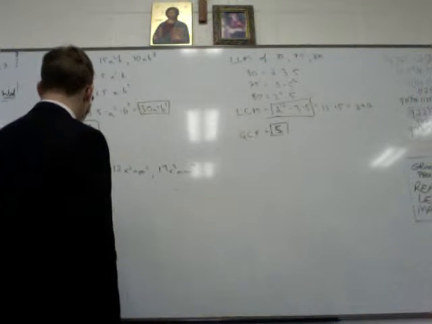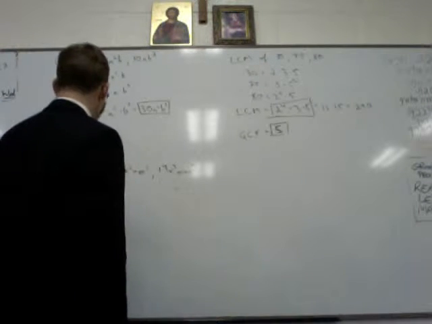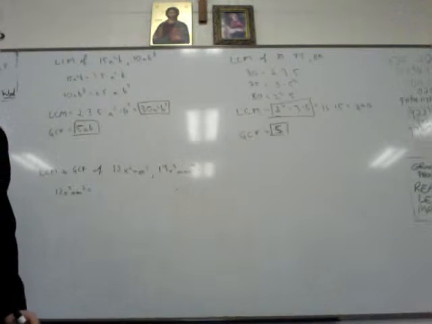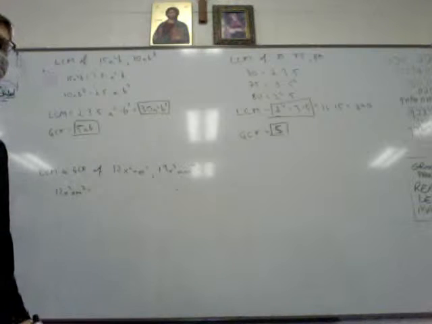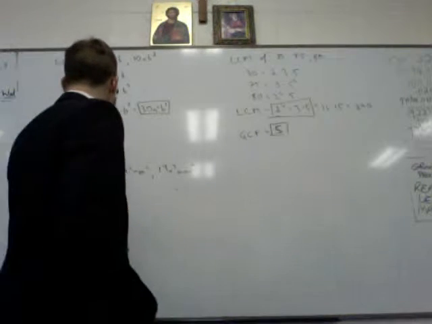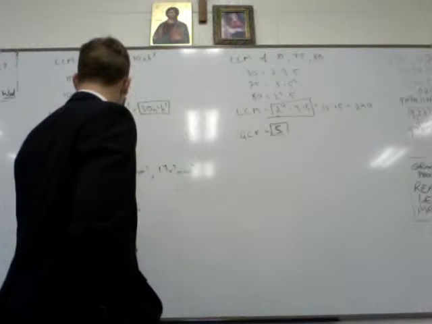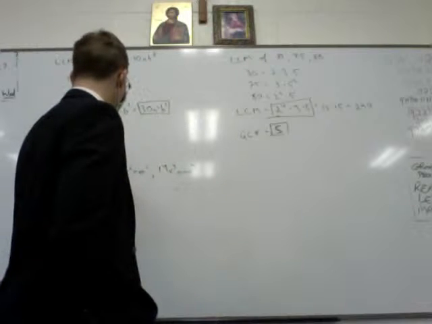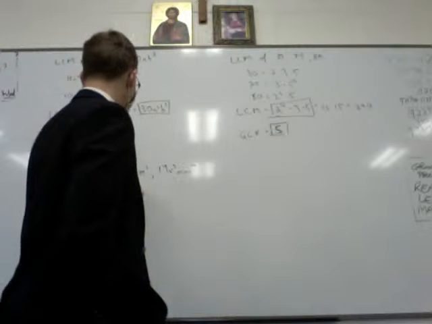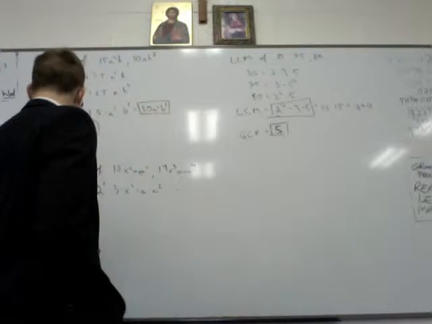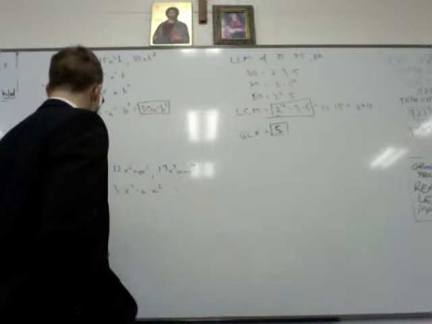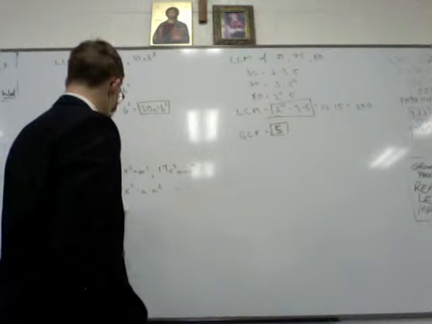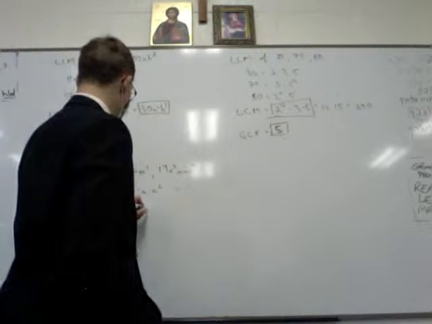The first one, 12x squared am squared, how can we rewrite that? 2 squared times 3 times x squared times a times m squared. And 14x cubed am to the fourth we can rewrite as 7 times 2 times x cubed times a times m to the fourth.